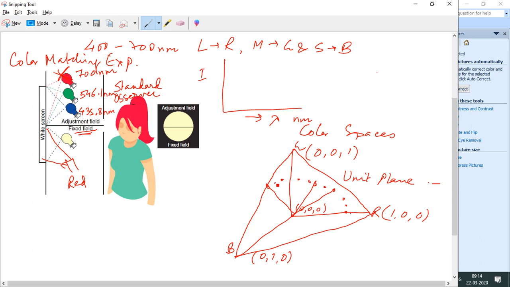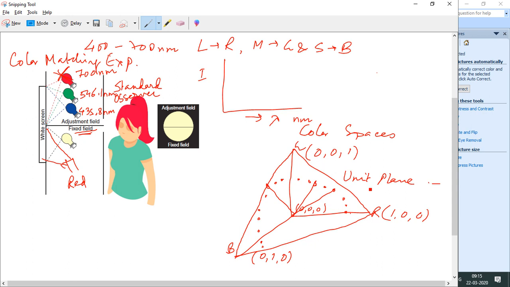Like this, we'll get a series of points. Right? Are you understanding the point or not? I am saying that this particular triangle is representing all the colors that are theoretically possible within the visual spectrum.